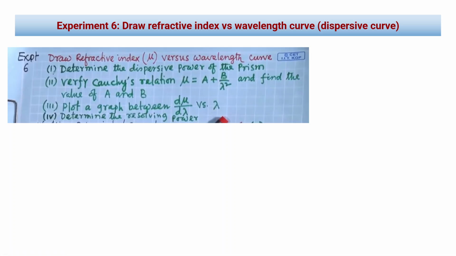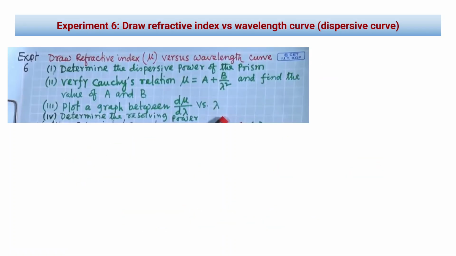And using the same experiment, we had to verify Cauchy's relation and plot a graph between resolving power versus wavelength, and also find the resolving power from this experiment. You can do the experiment and find out these things, or if you know the parameters given, then numerically you can find them as we discussed.